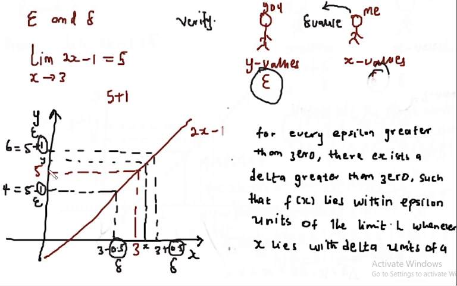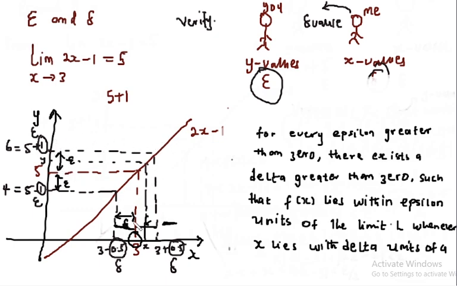What all of this is saying is that when you have a range of values for epsilon, and I decide to give you a delta value, if the delta value is correct, then any number between here and here should still fall within this range. But numbers outside of this range will not fall within the epsilon range. So that's just the idea.